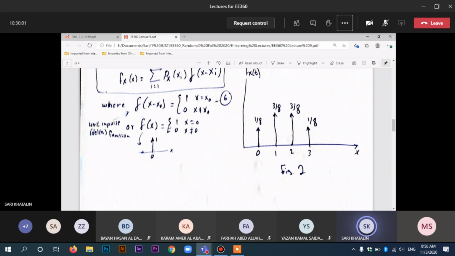The impulse function is equal to 1 when x is equal to 0, and is 0 when x is not equal to 0. Of course, if there's a shift, like x minus x naught, it will be 1 at x equal to x naught, right? We are talking about this by itself.